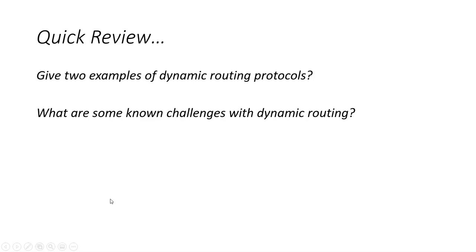Give 2 examples of dynamic routing protocols. Go ahead and put your answer in chat. Once again, chat is logged. We'll see who posts the first correct answer. What are some known challenges with dynamic routing? Some common examples of that. Okay, we have some answers. OSPF and RIP is the first question.